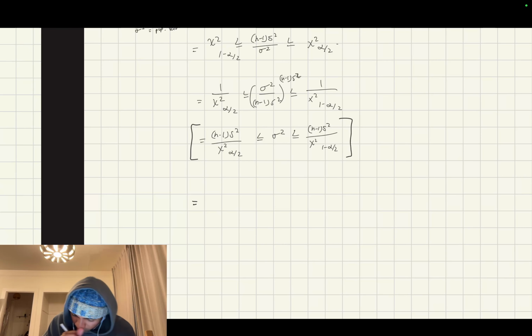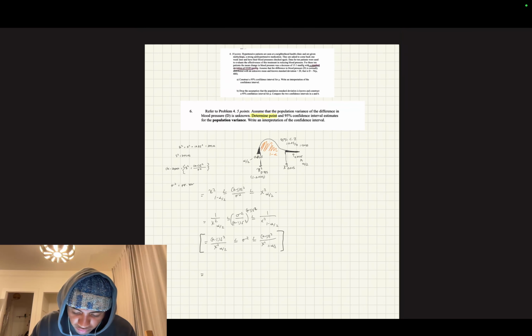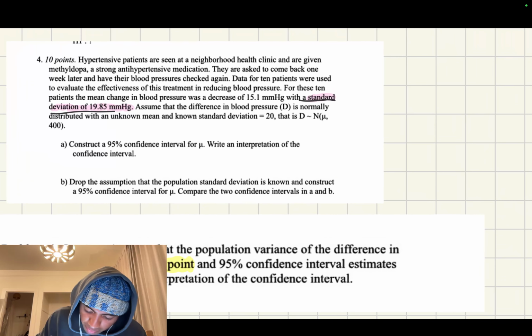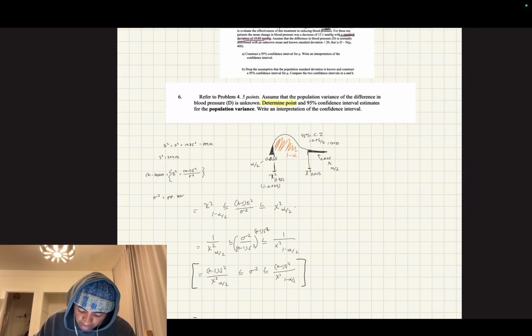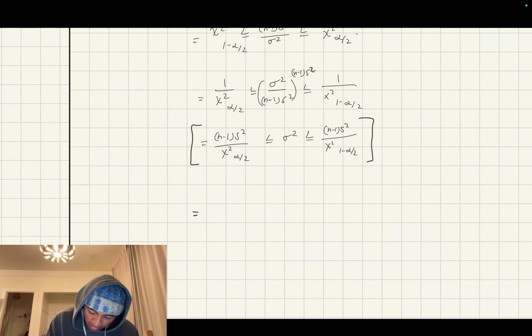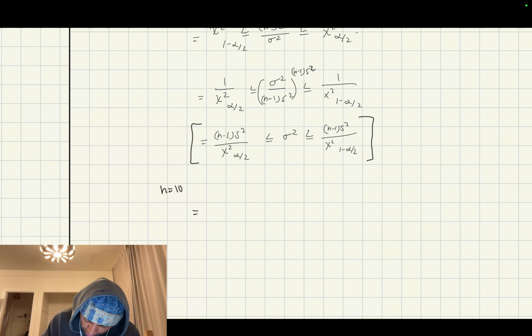So n minus 1, which is equivalent to our degrees of freedom, right? And referring to number 4, we have 10 patients. I forgot to write that down earlier, but we have n equals 10. So n minus 1 is equal to 9.